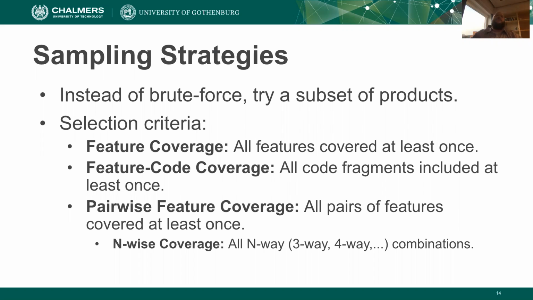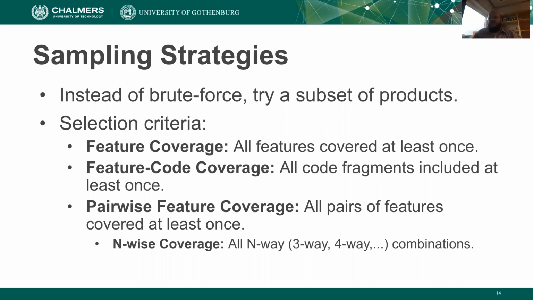So a brute force approach where we check every possible concrete product for violations is not generally possible. There's just too many possibilities. The first approach we might take, which is easy to apply, is to check only a subset of the products with a normal single product analysis and then hope that holds over everything else.